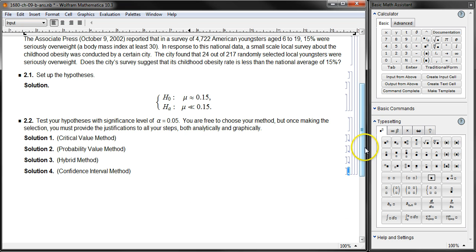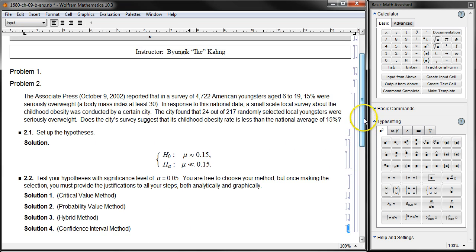Well, we went through 4 methods, but only 2 methods are semi-important, solution 1 and 2. And personally, I would emphasize solution 1 more than solution 2, but I'm not going to prevent anybody if you use solution 2 using the p-value approach.